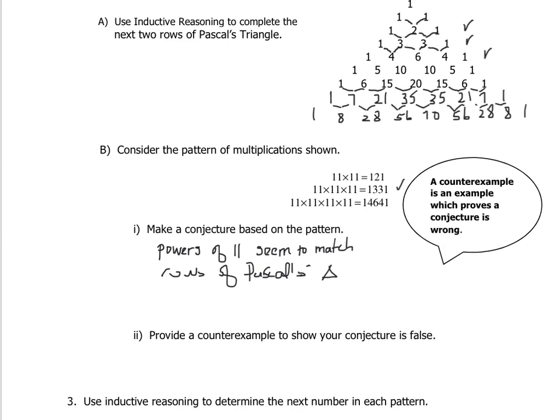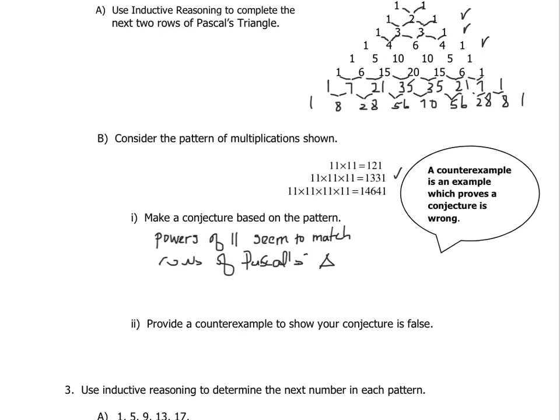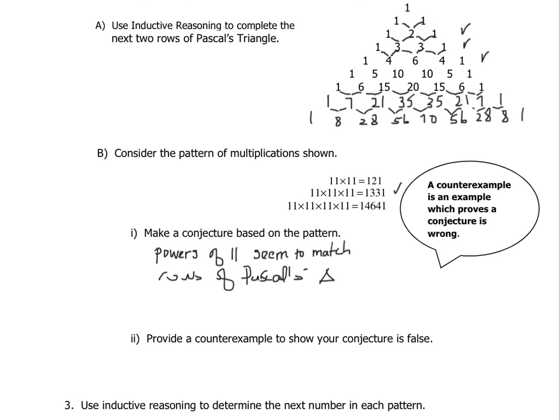So if we check to see if this is true, with the next row we would have what we call a counterexample, because there are 5 11s multiplied by each other up there. If we multiply that, we get 161,051, which is not the next row in Pascal's triangle.